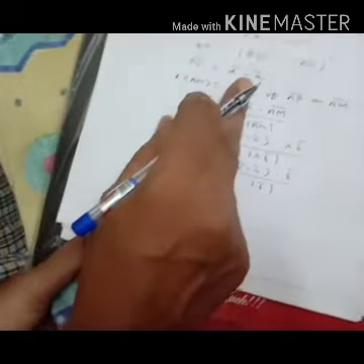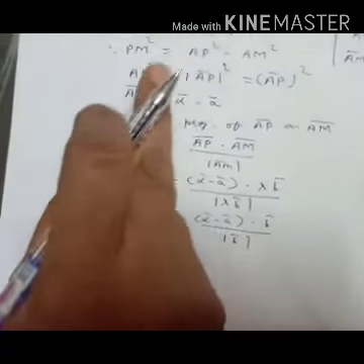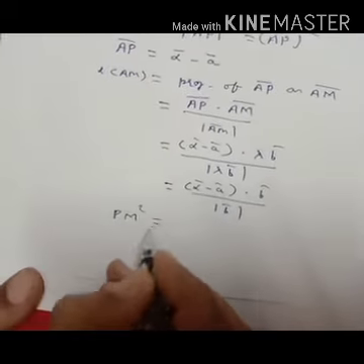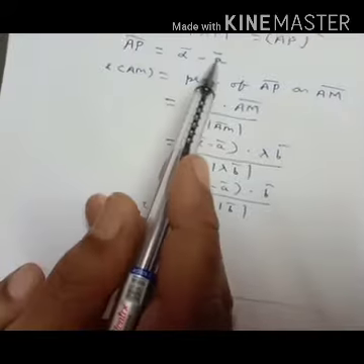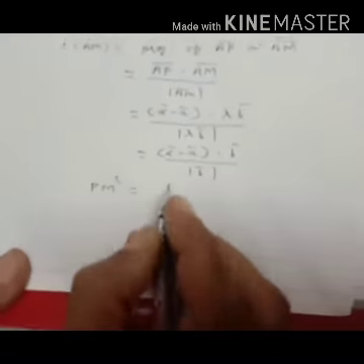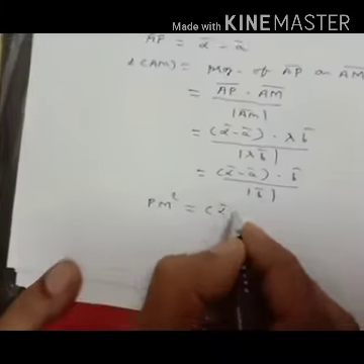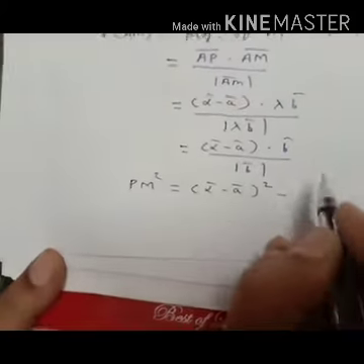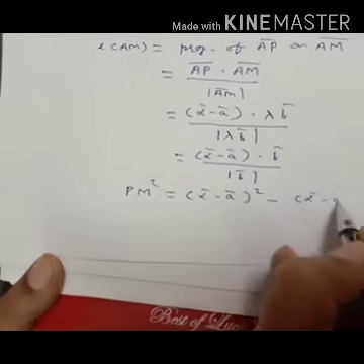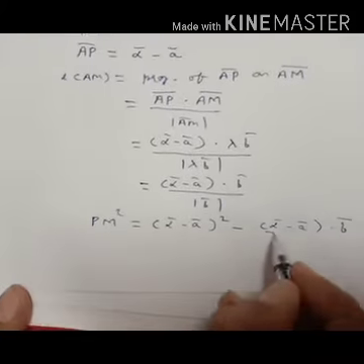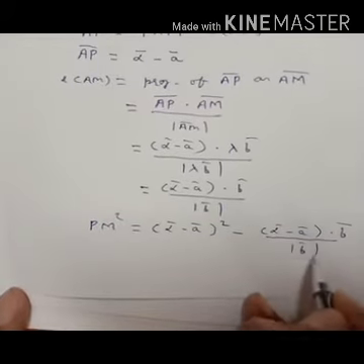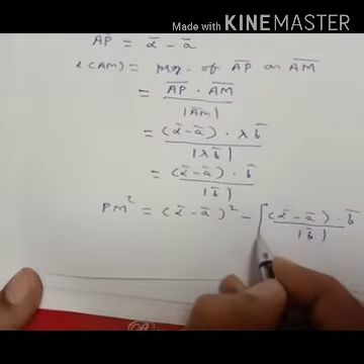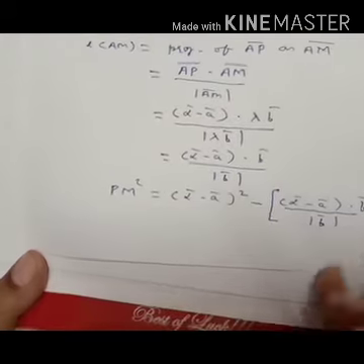AP bar we have found, and AP bar and AP their values are the same. PM square equals AP square, same as magnitude of AP bar square. So alpha bar minus A bar square minus length AM, alpha bar minus A bar dot B bar divided by magnitude of B bar. Now this is the value of AM and we want the value of AM square, so square this expression.